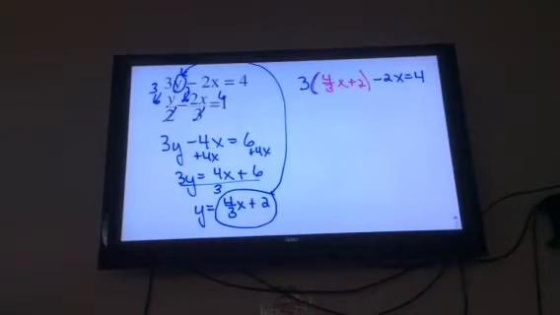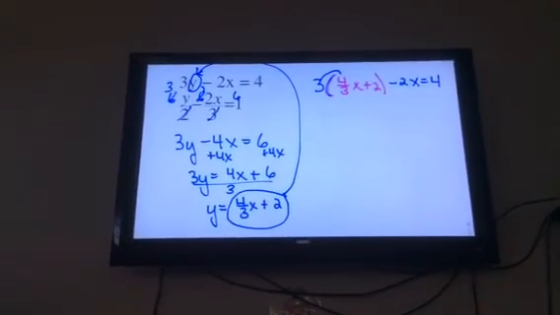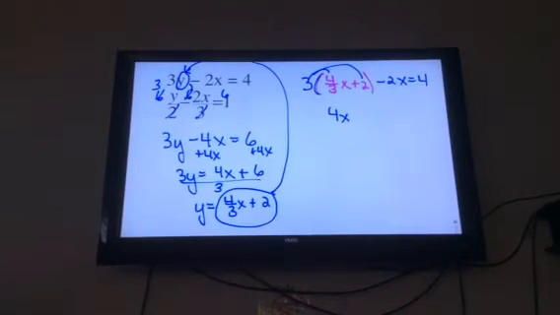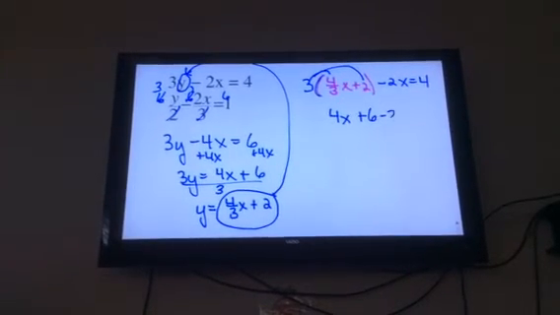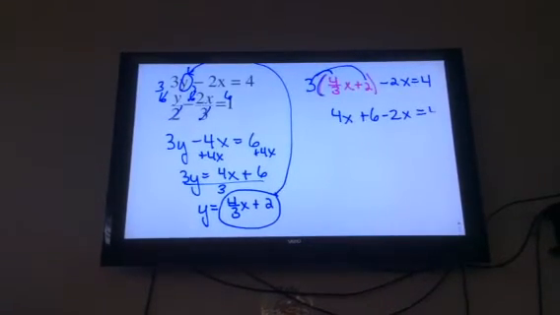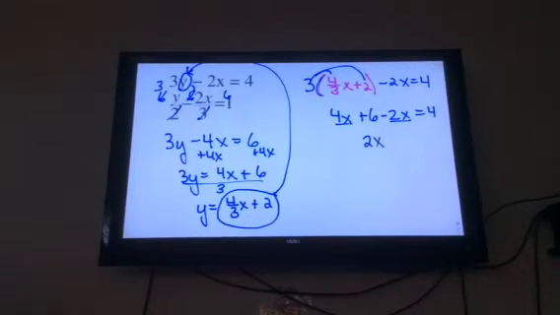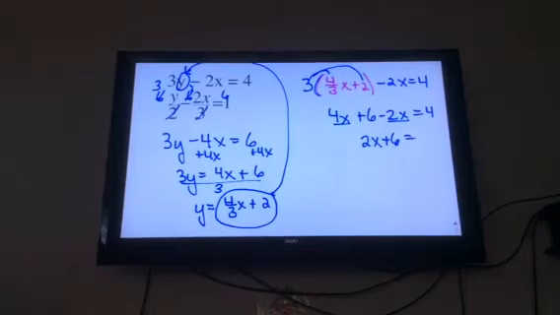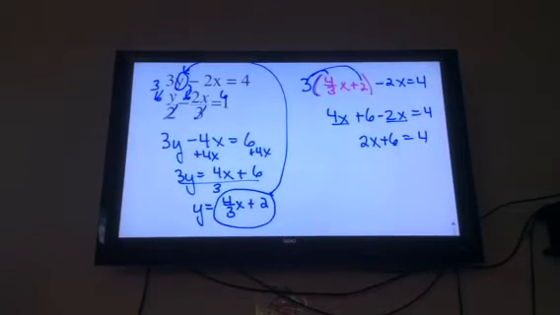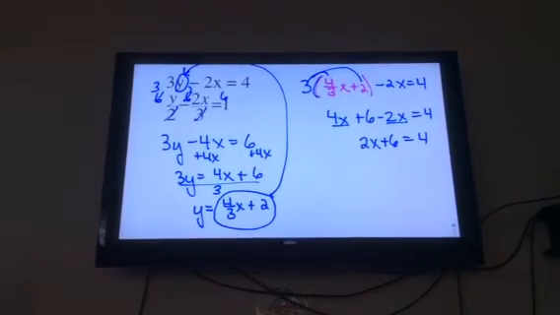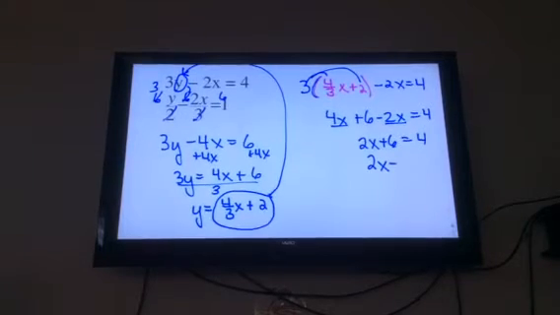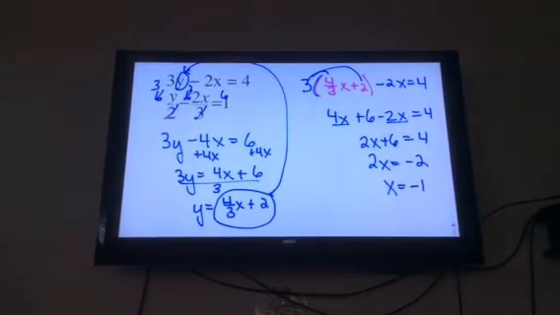So I distribute, and I get 4x plus 6 minus 2x equals 4. Put your x's together. 2x plus 6 equals 4. Minus the 6. So 2x is negative 2, and divide, and x is negative 1.